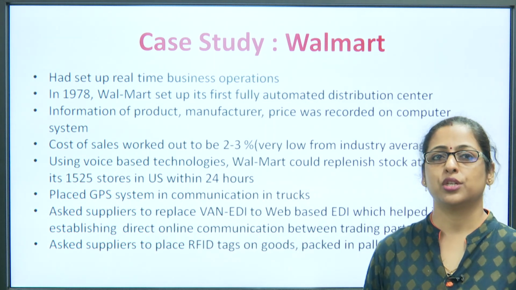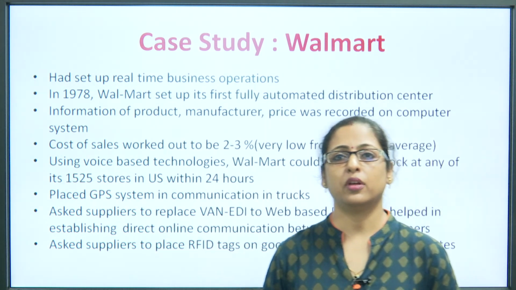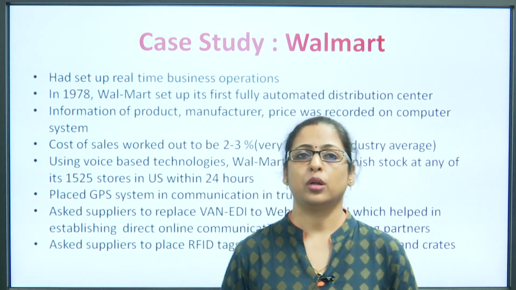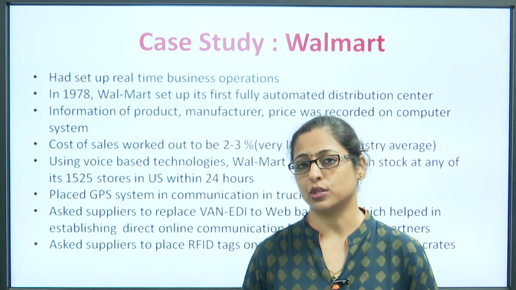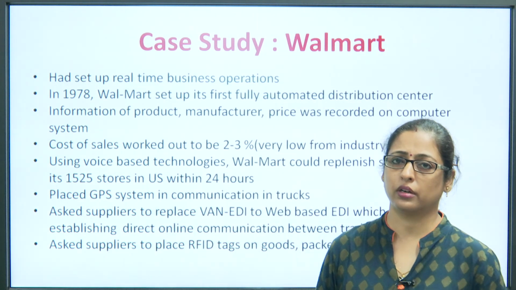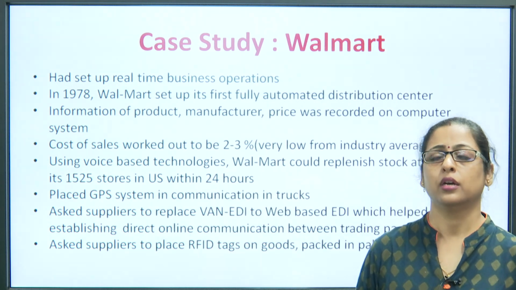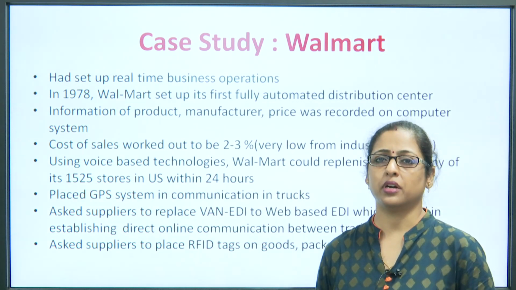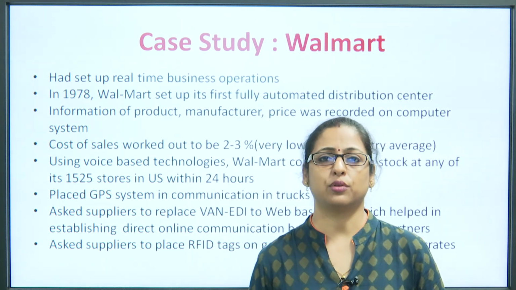Using voice based technology helped Walmart replenish its stores, and it became very easy for Walmart to replenish its 1525 stores in the US within 24 hours. That was a drastic and very great achievement, where they were able to get over 1500 stores replenished within 24 hours.